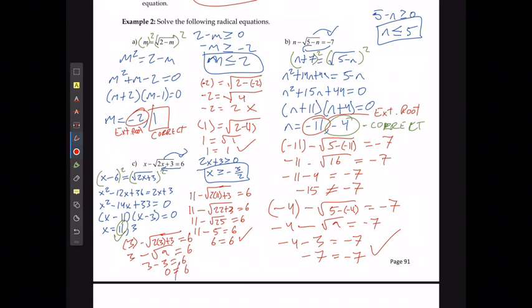That is not true, which means that 3 is going to be my extraneous root. So 11 is my correct answer, 3 is my extraneous root.